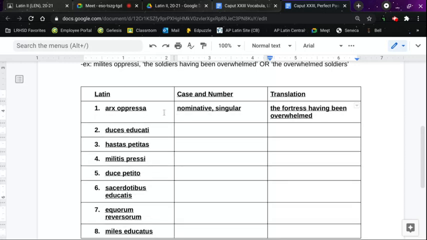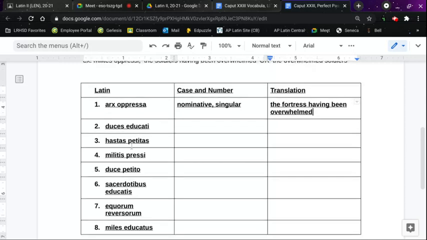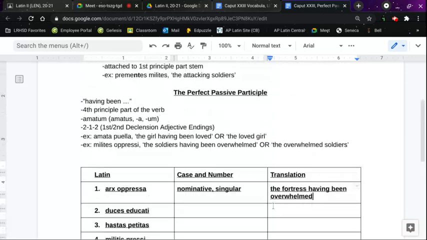So the fortress having been overwhelmed, or the overwhelmed fortress would also work. All right, so the rest of these are in different cases. It's your job to figure out which case they are. They all agree with each other, so they all have the same case. And then translate accordingly. So if it's genitive, you'll do of, dative to or for, ablative by, with, or from, and so on.